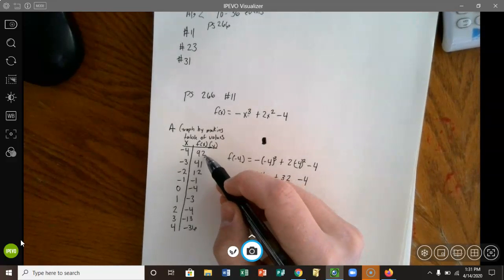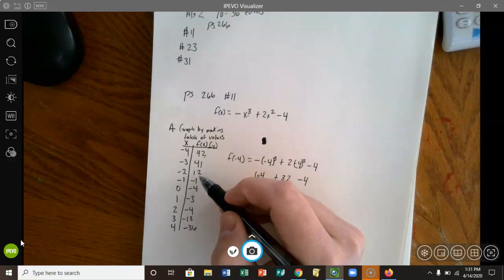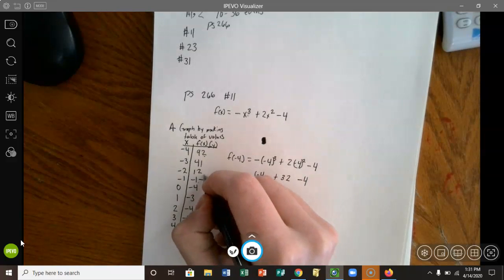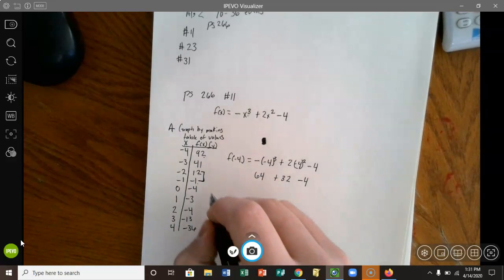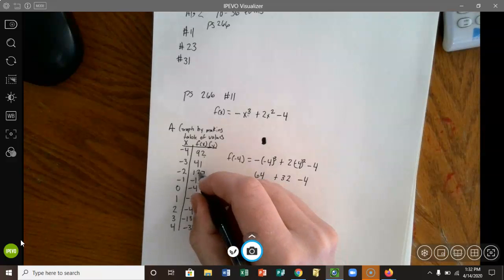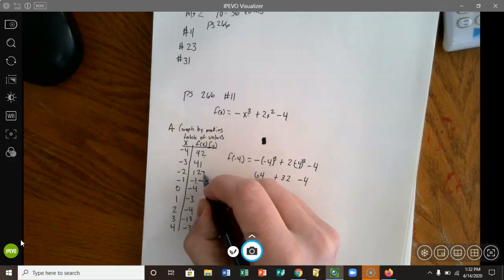So you can see I'm at a positive 92, positive 41, positive 12, and then I drop to a negative 1. What that means is that I've had to have crossed the x-axis. Remember, the x-axis is where y is equal to 0. So if I go from a positive to a negative, or from a negative to a positive, that means somewhere in here there's a real zero.